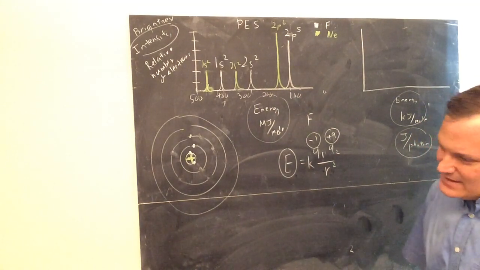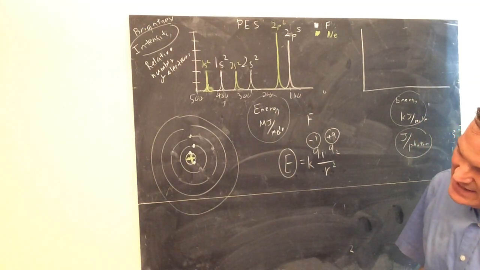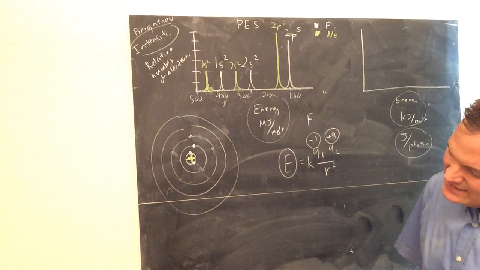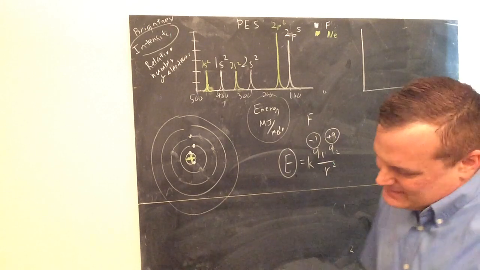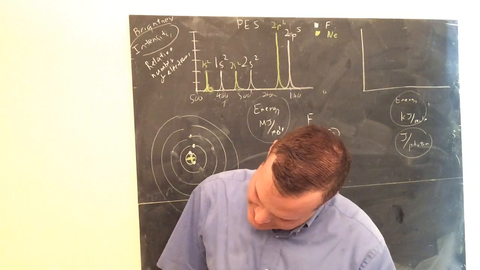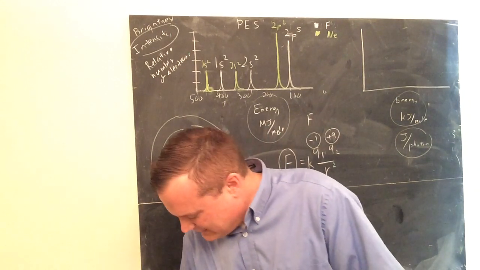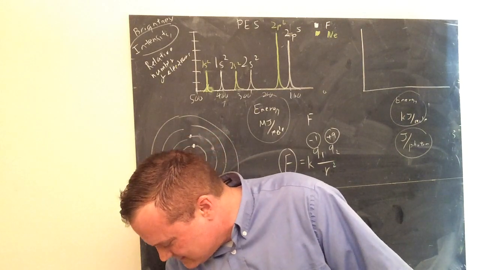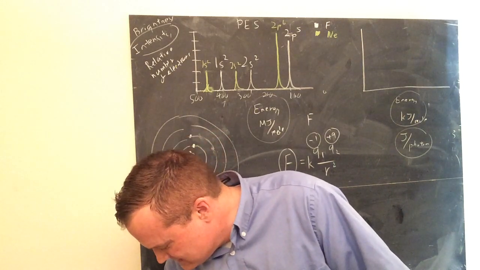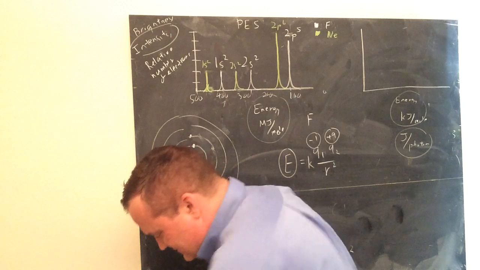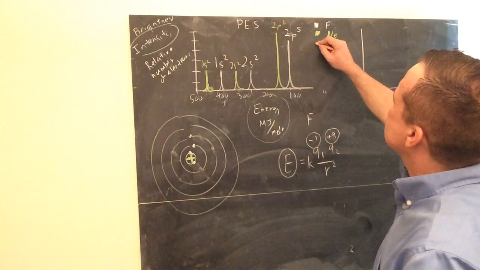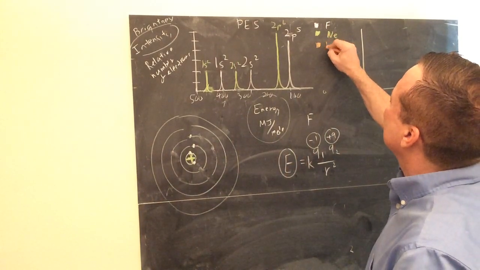Now, if I put in another element, should I just do beryllium? Yeah, maybe I'll do beryllium. I'll use an orange for that. Let's say I put in beryllium.